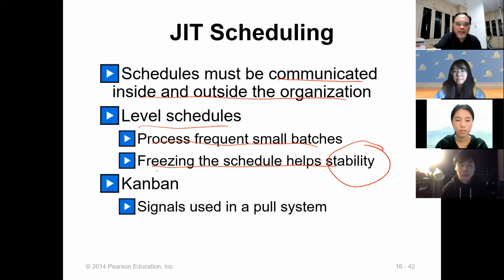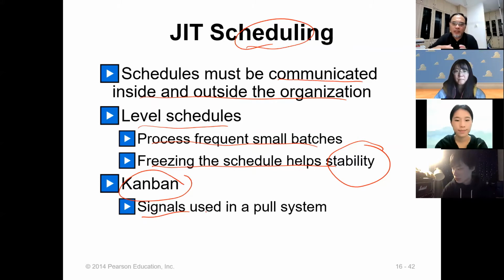And also in scheduling, you need Kanban. Kanban, as I told you last 2 weeks, is a signal to pull the material. That means if the material is already finished by the process in front of you, you need to actually have a signal so that you can pull the lot size.